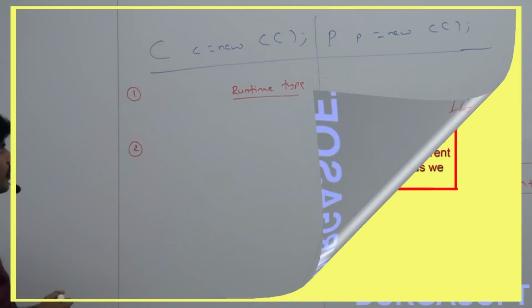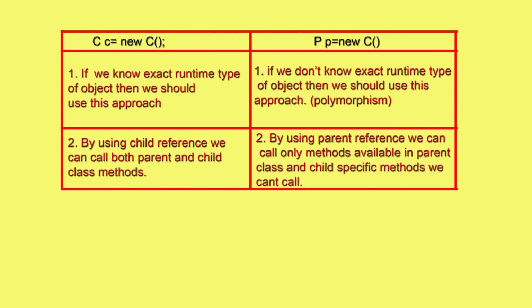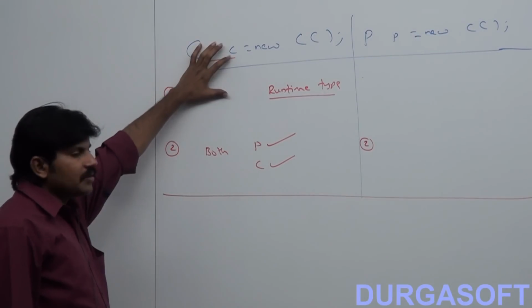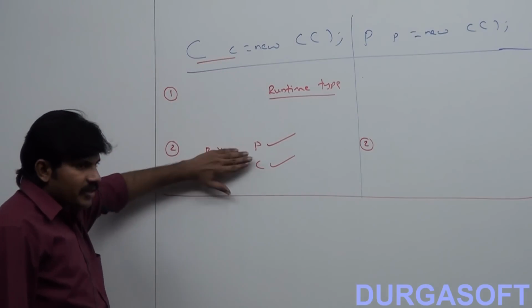Add this point also. Are you able to understand? So here, what is the problem? What is the advantage?